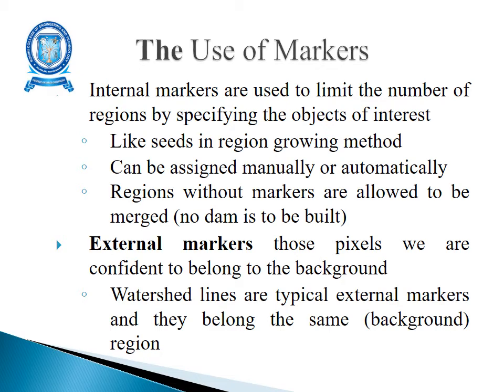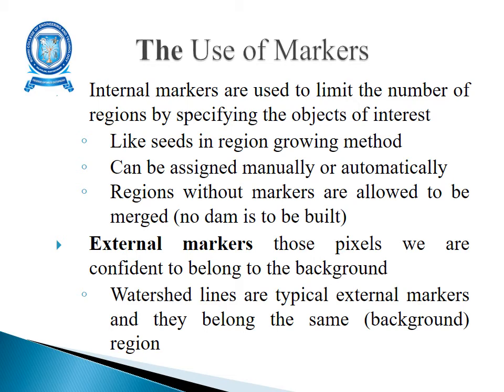So that acts as a seed to develop a new image or a region within an image. This can be done either automatically or manually. Regions without markers are not allowed to be merged, that is, no dam is built. Whenever merging is needed, we can go for merging that. That is called internal markers.